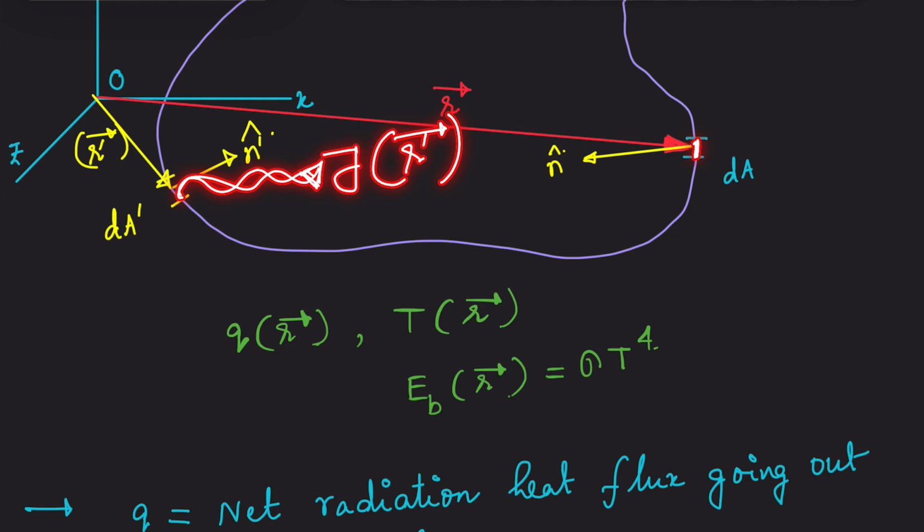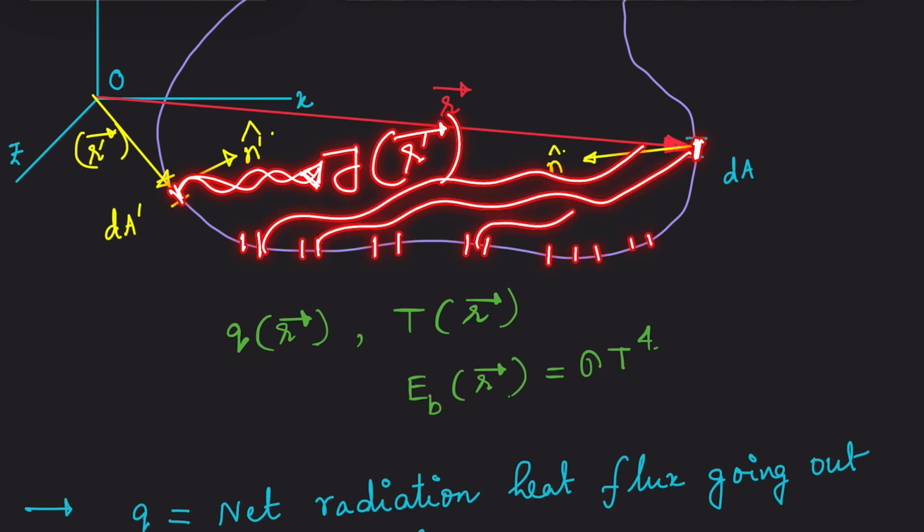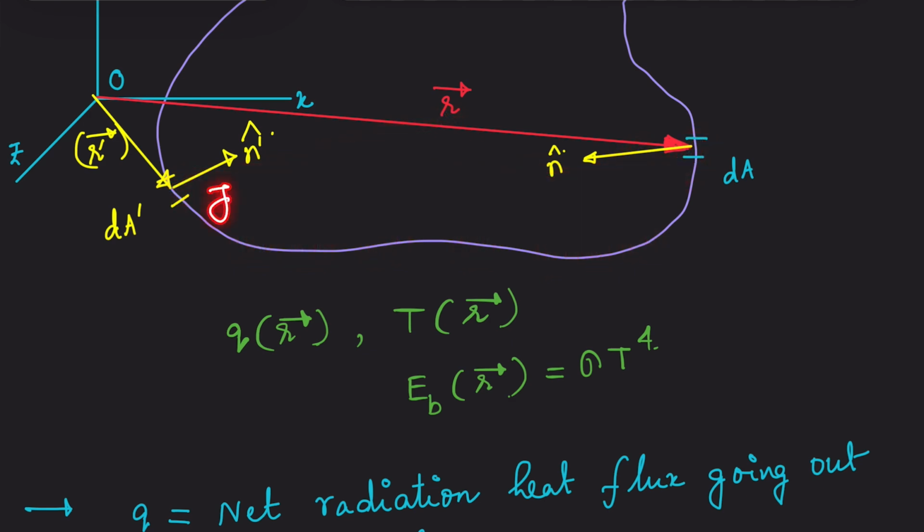The view factor between this and this. Likewise, there can be infinite number of infinitesimally small areas, right. So from all these, energies will be going, so we need to integrate this J into F dA dash dA, okay.